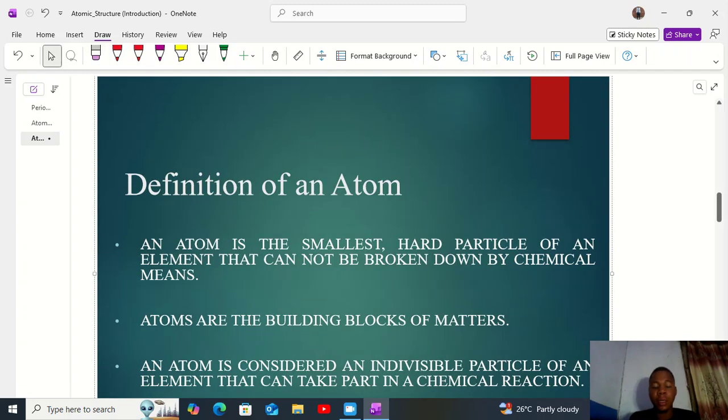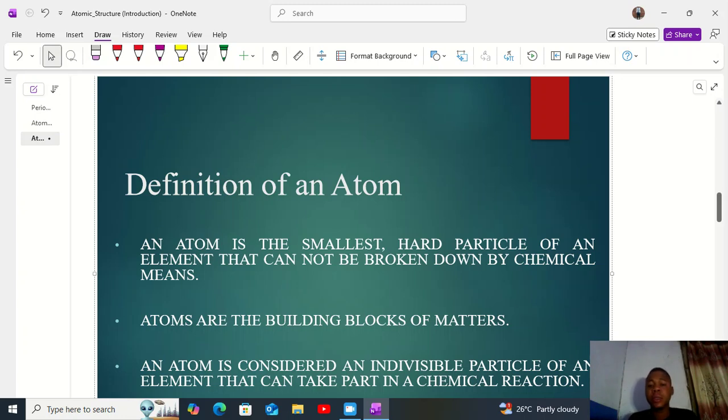So what is an atom? Before we talk about what an atom is, I'd like to do a foundational recap of what matter is and also talk about the constituents of an atom. Listen. So what is an atom?